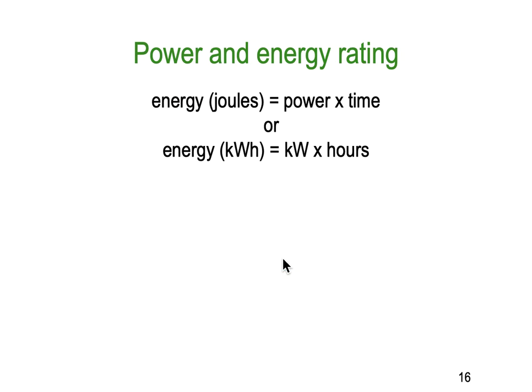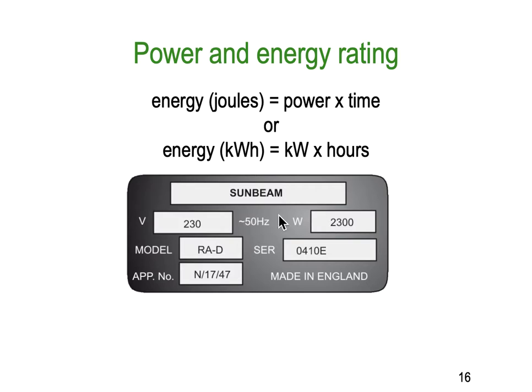I'll just get rid of the writing. So here we have a Sunbeam nameplate on a heating element of some kind, probably a little electric fry pan, and if you'll notice, it's operating at 230 volts, and it's 2,300 watts, or 2.3 kilowatts. So that could be written 2.3 kilowatts.